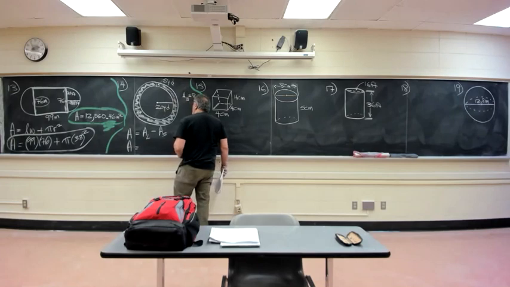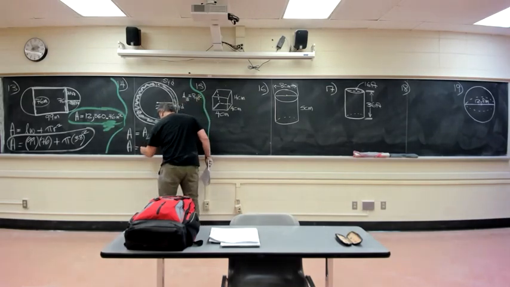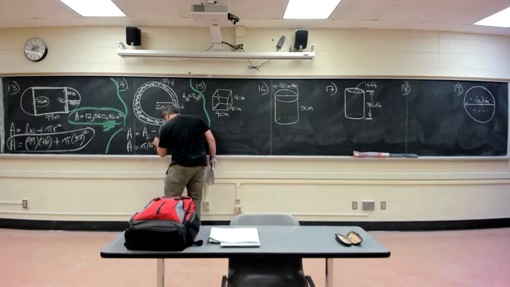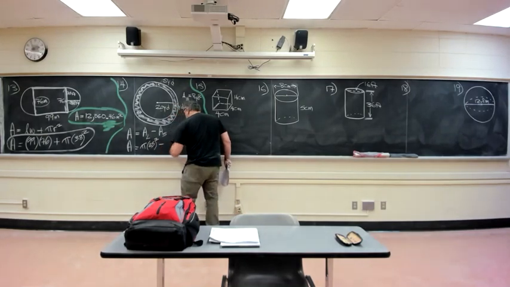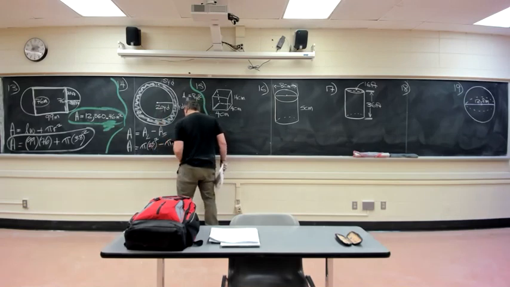The large circle: 20 plus 5 is 25 yards, so it's going to be pi times 25 squared. And the other one is going to be pi times 20 squared. The large is radius 25, the small is radius 20.